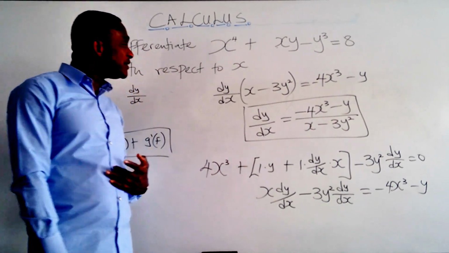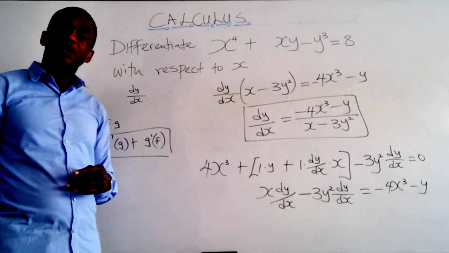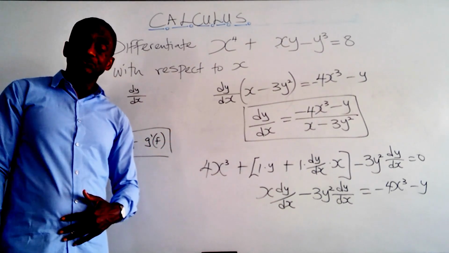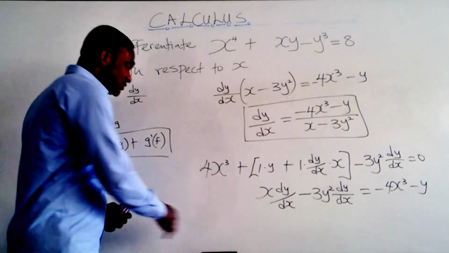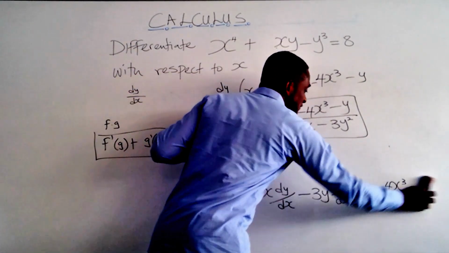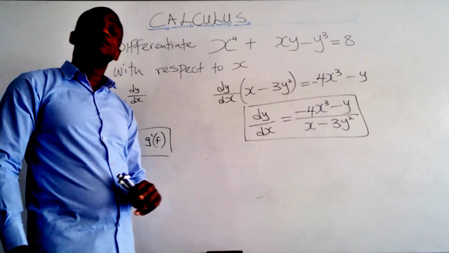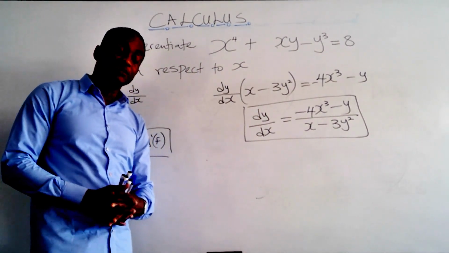Please, if you have any query, do not hesitate to ask. I'm here to support and to help us go through this. Please, this is the derivative of this function using the implicit approach.